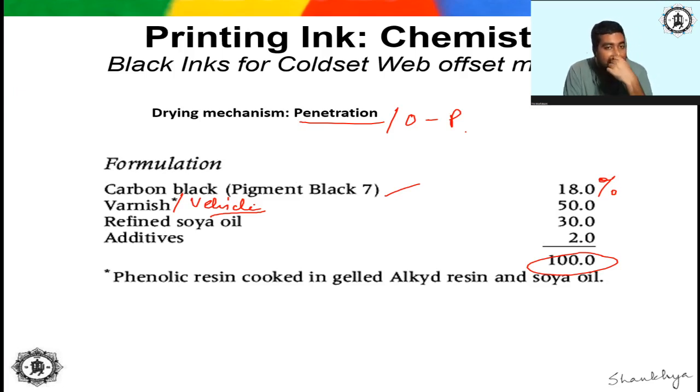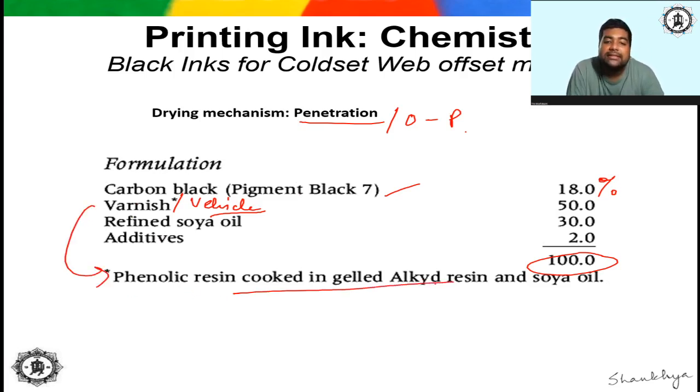There is another meaning of varnish which is sometimes used for overprinting, overcoating. Overprinting coatings that are normally used for print finish operations are also referred to as varnish. But right now, when I say varnish, consider that to be the vehicle. Okay. So next, what is the varnish? See, phenolic resin that is gelled in alkyd resin.